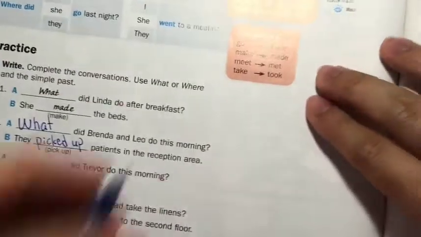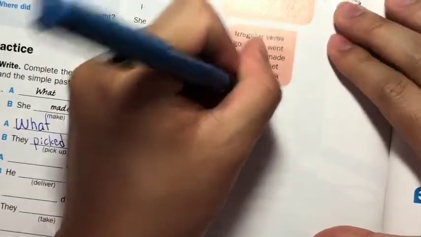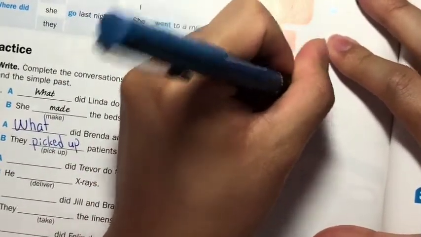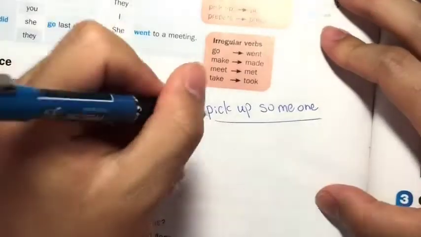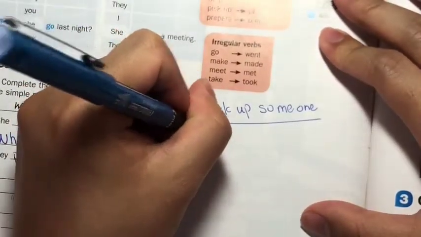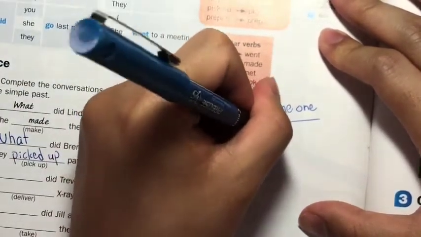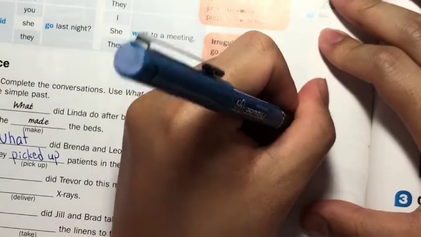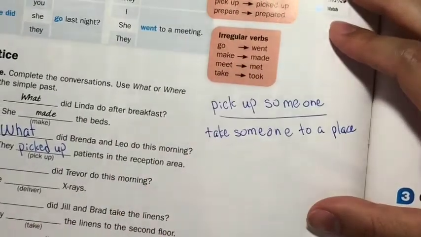When you pick someone up, pick up someone means you take them somewhere. You take someone to a place.